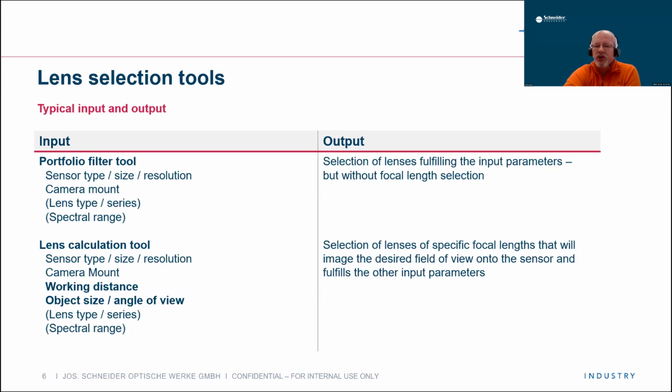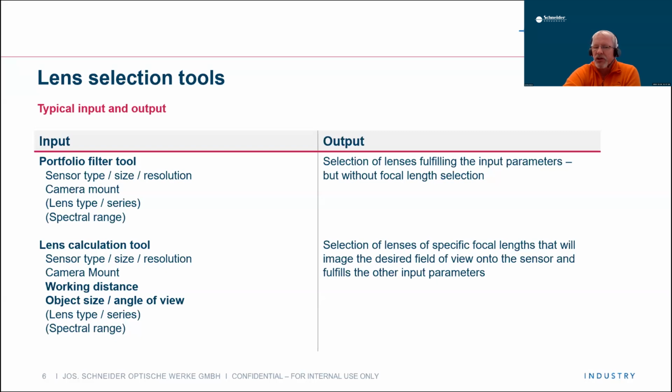You enter typically some sensor information and at least the camera mount information. And this tool filters the product range and only shows the products which fulfill the input parameters. But, and that's very important, these tools don't do any calculation. So there is no focal length calculated. And here you see this because you don't enter any application information.